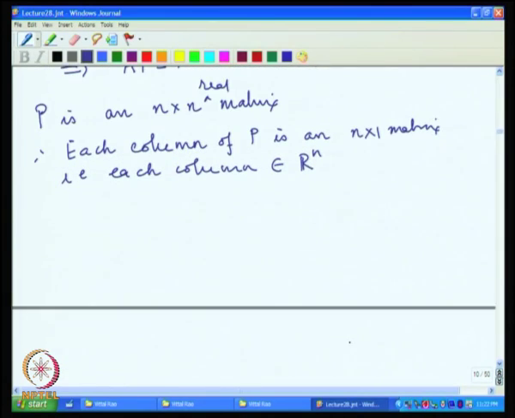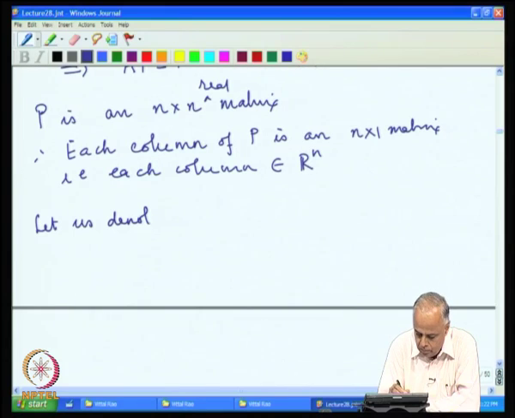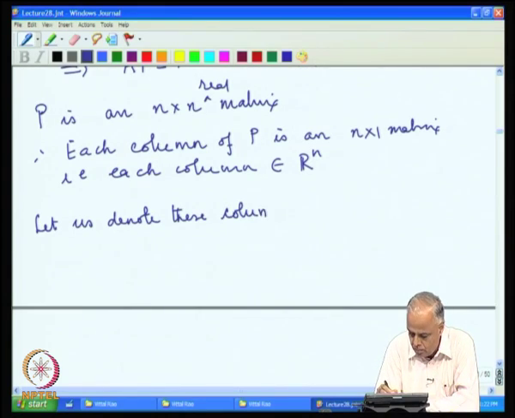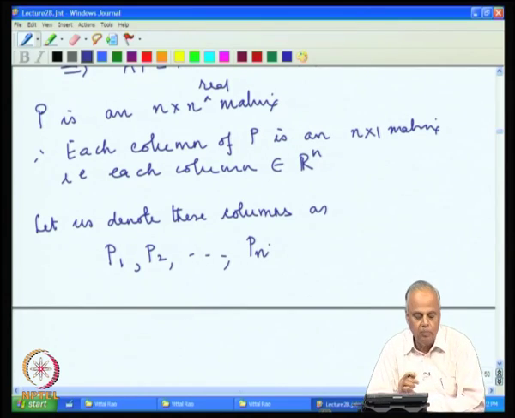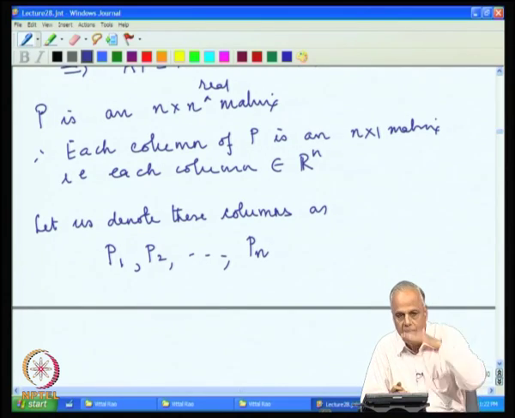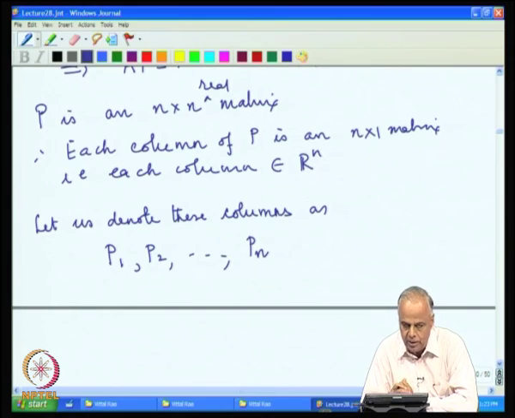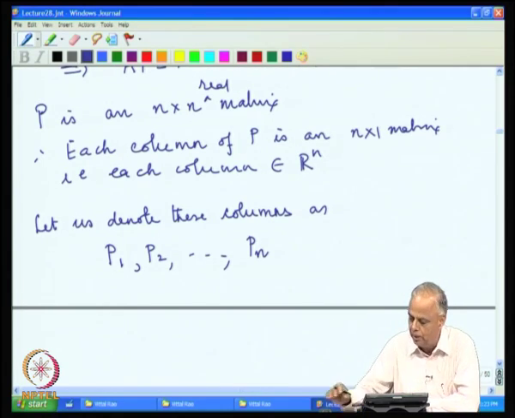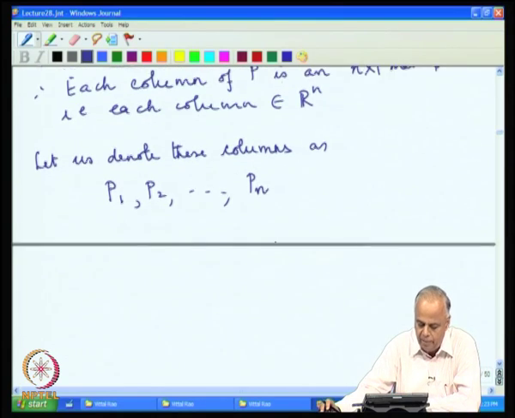Now, let us denote these columns as P 1, P 2, P n. So, P 1 will therefore be the first column, it will have n entries, P 2 is the second column, it will have n entries, P n will have n entries as a column vector.